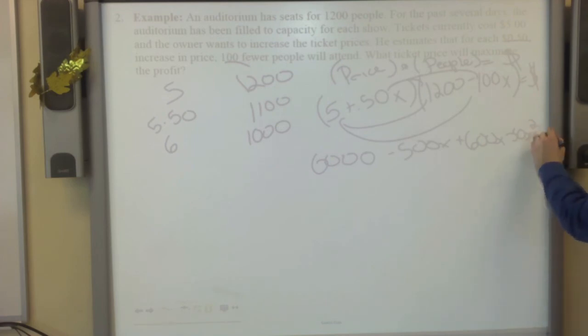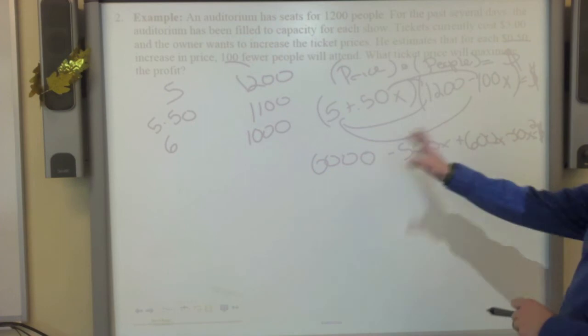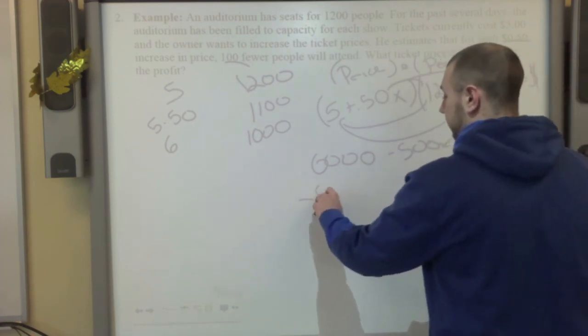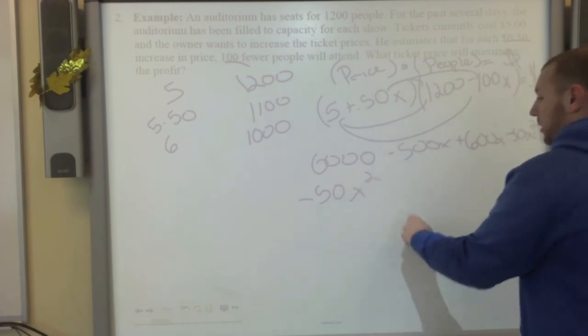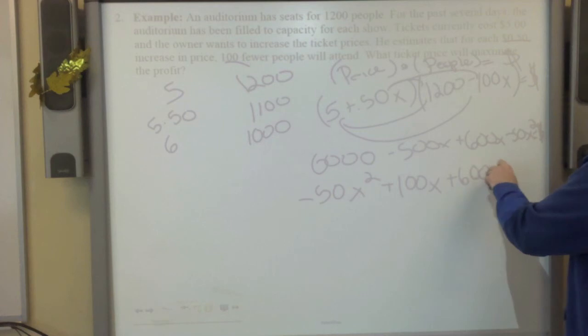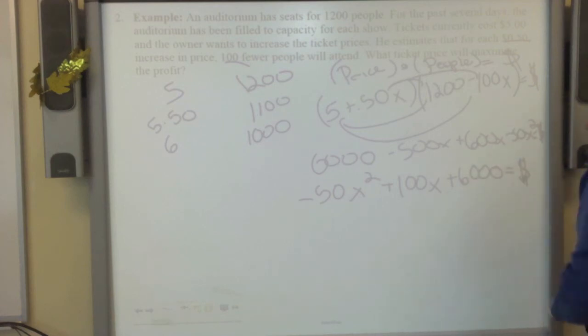And that's going to equal my money. That's what I'm going to maximize. So if I rewrite this in combined like terms into a quadratic function, it's going to be negative 50x squared plus 100x plus 6,000 equals my profit. That's the equation that I want to maximize.